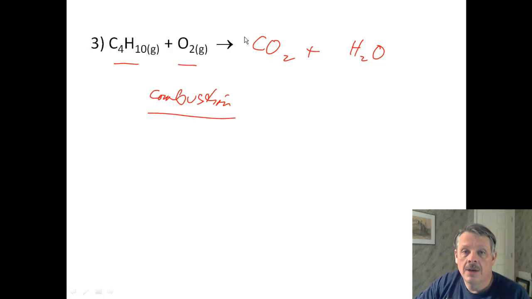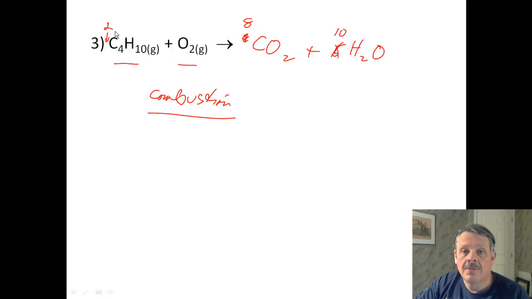So we have to have 4 of those. We have to have 10 of the 5 of these. Oops, but we can't have 5 because that's going to make a negative number, so we're going to multiply everything by 2. That's going to be a 10. That's going to be an 8. If we have 10, that means we have to have the thing that goes in here. That's a 2.